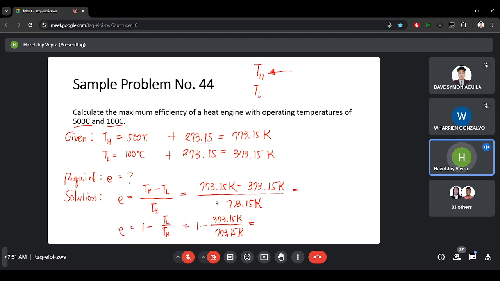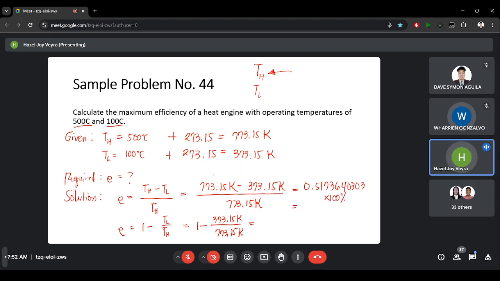What is the value of efficiency, Mr. Gonzalvo? 0.5173640303. Yes. Okay, and we are going to multiply this by 100%.